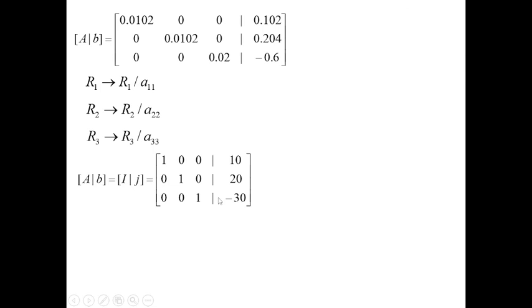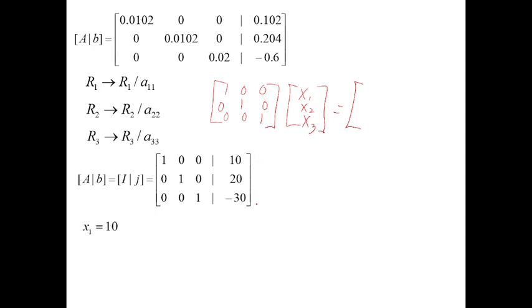So then we have x1 is 10. Because this is now an identity matrix: 1, 0, 0, 0, 1, 0, 0, 0, 1, multiplied by x1, x2, x3, equals 10, 20, negative 30.